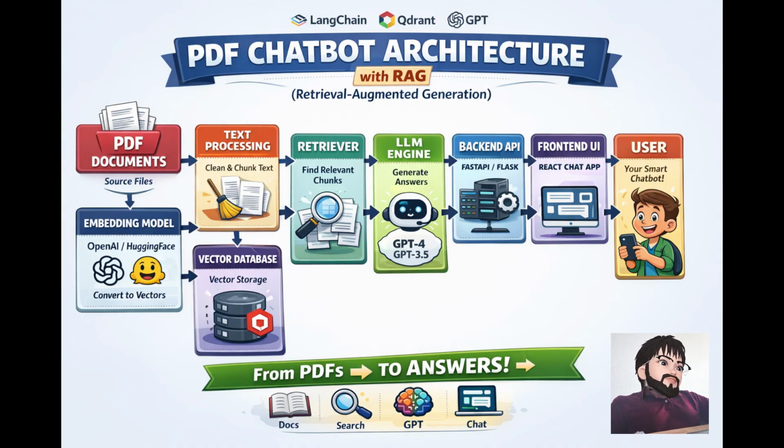We have the PDF document, and we cannot upload the whole PDF document to any AI model every time. So we need to clean the PDF document and split it into small chunks, and using an embedding model, we convert those chunks into vectors, and we store these vectors in the vector database.